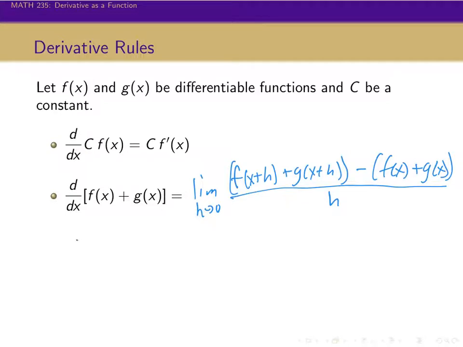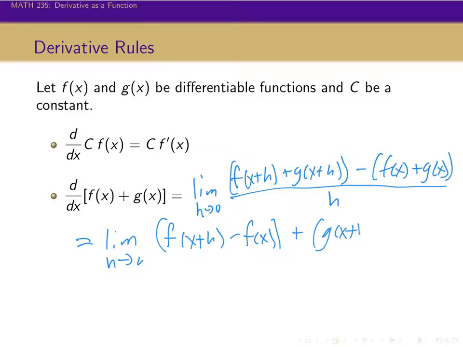the x direction. Okay. And so then we can rearrange the top here if we distribute the minus to be f of x plus h minus f of x plus g of x plus h minus g of x, all divided by h.